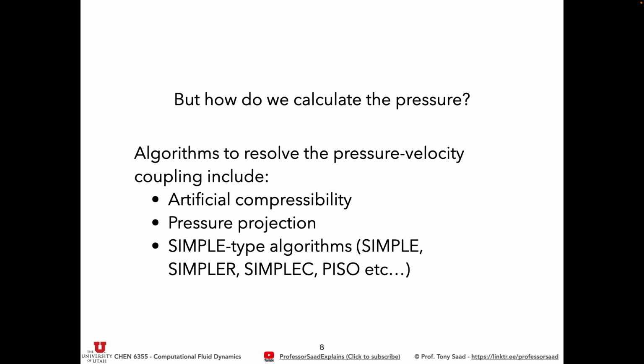They add an artificial time derivative to the continuity equation and advance it in time with the rest of the equations. Then there's pressure projection, which we will learn in this class, and then all the SIMPLE-type algorithms, which you would see in COMSOL or Fluent: SIMPLE, SIMPLER, SIMPLEC, and so on. SIMPLE stands for semi-implicit method for pressure-linked equations.